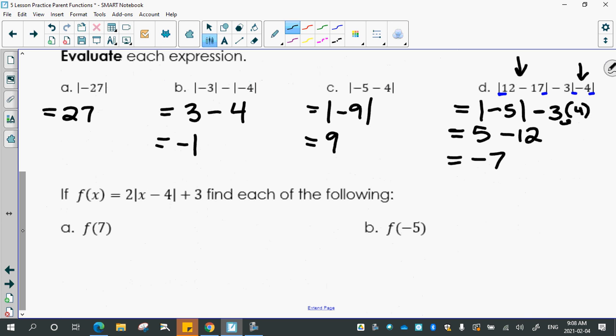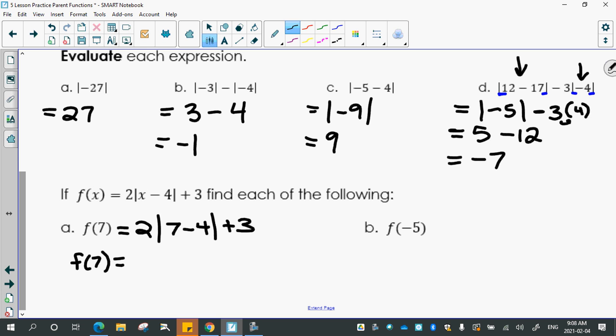If f at x is 2 absolute value of x minus 4 plus 3, find each of the following. So this is back to using function notation from our first day, except now we can use an absolute value because we know what it means. Okay, so f at 7 would be 2 absolute value of 7 minus 4 absolute value bar plus 3. And then you know how absolute value bars work, they're with brackets.